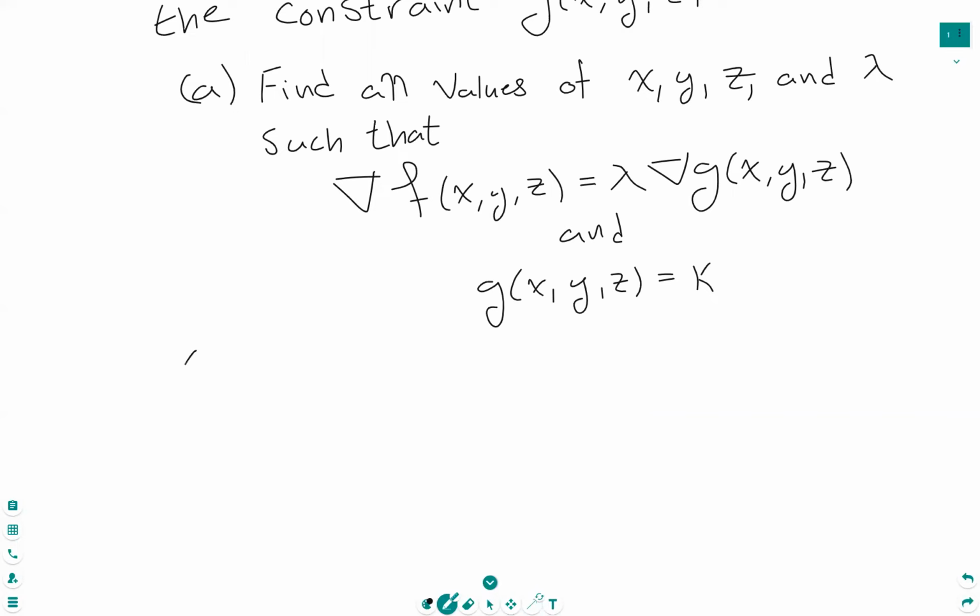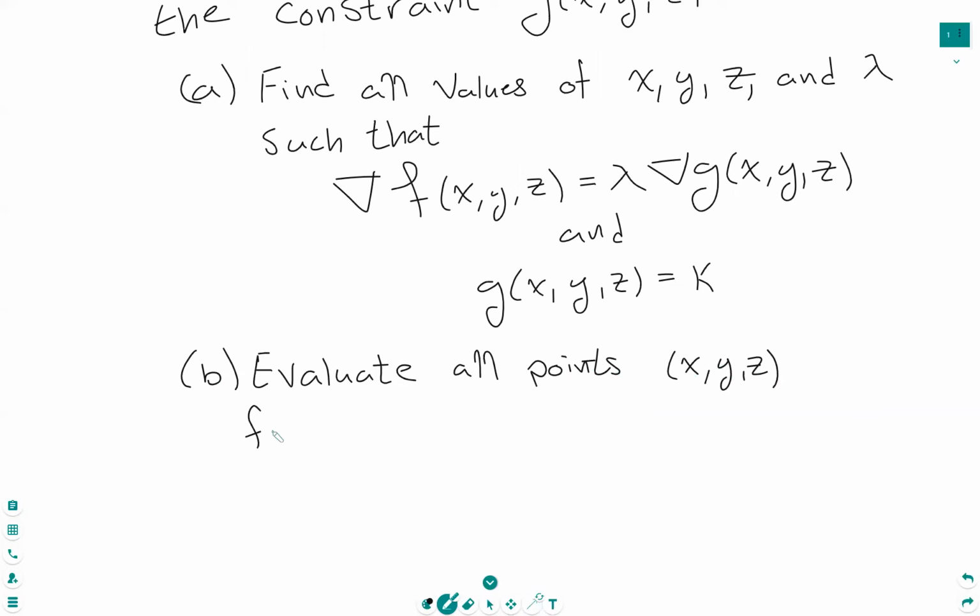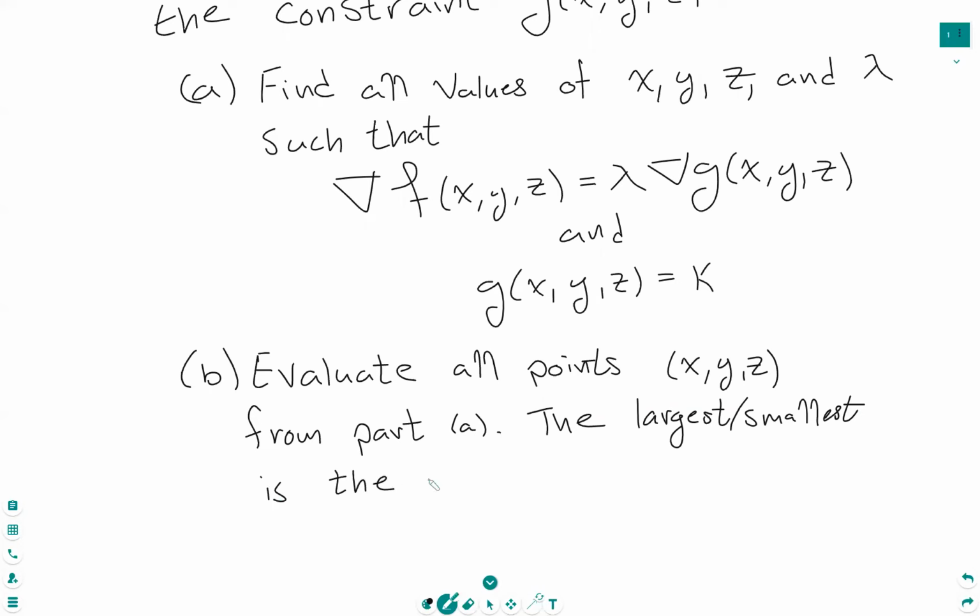Then, for step B, we evaluate all points x, y, and z from part A. The largest or smallest is the max or min.